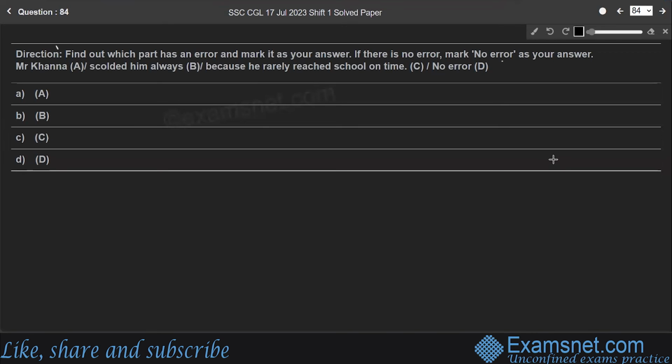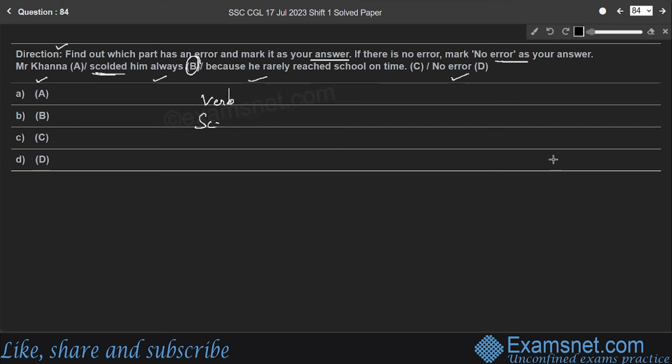Question 84. Here the direction is: find out which part has an error and mark it as your answer. If there is no error, mark no error as your answer. Mr. Khanna scolded him always because he rarely reached school on time, and part D is no error, right? So in the given sentence, part B has an error, right? In part B, scolded is the verb, right?